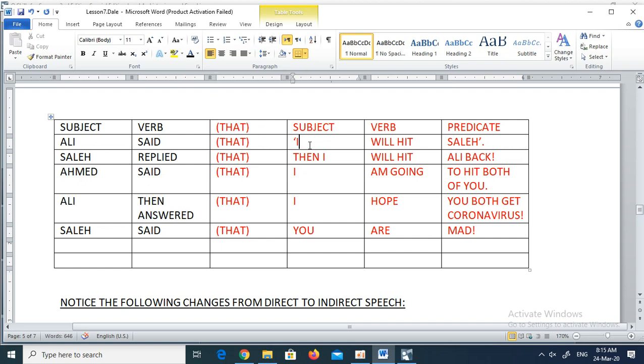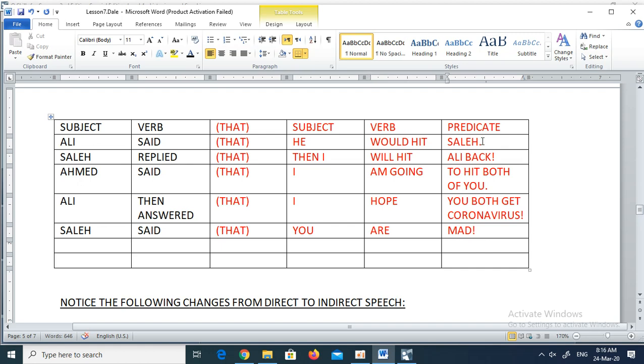Ali started saying that I will hit Saleh, but if Ziyad is now telling me what Ali said, he won't say Ali said I will hit Saleh. He will say Ali said that he, because Ziyad is now speaking, not Ali. Ali said that he, and the verb will change to put it further into the past, would hit Saleh.